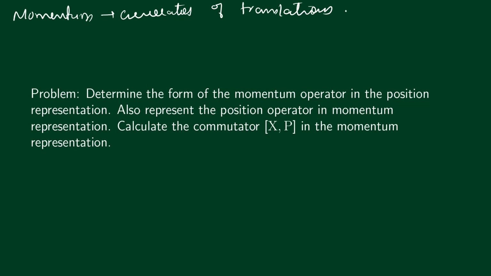Now these transformations, translation for example, is a unitary transformation. We have to construct the translation operator as a unitary transformation. We need this to be unitary because we want the normalization to be conserved. So these are called unitary transformations.